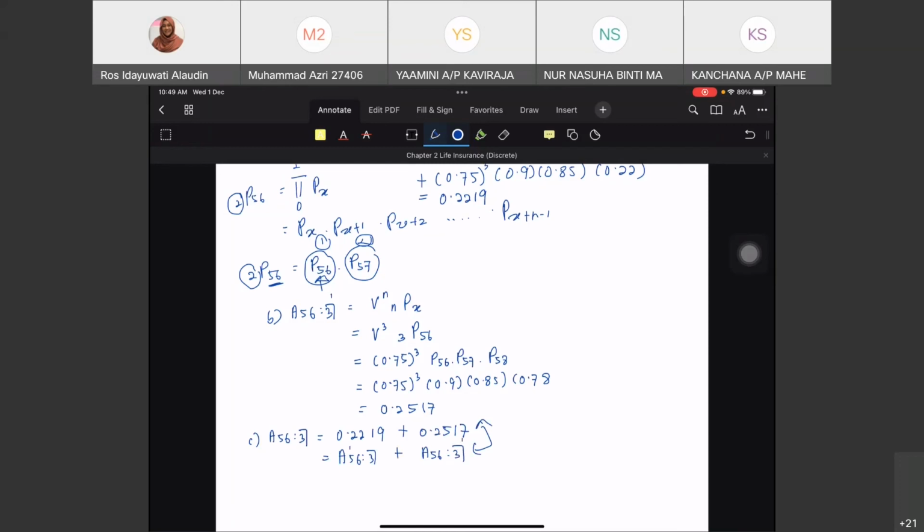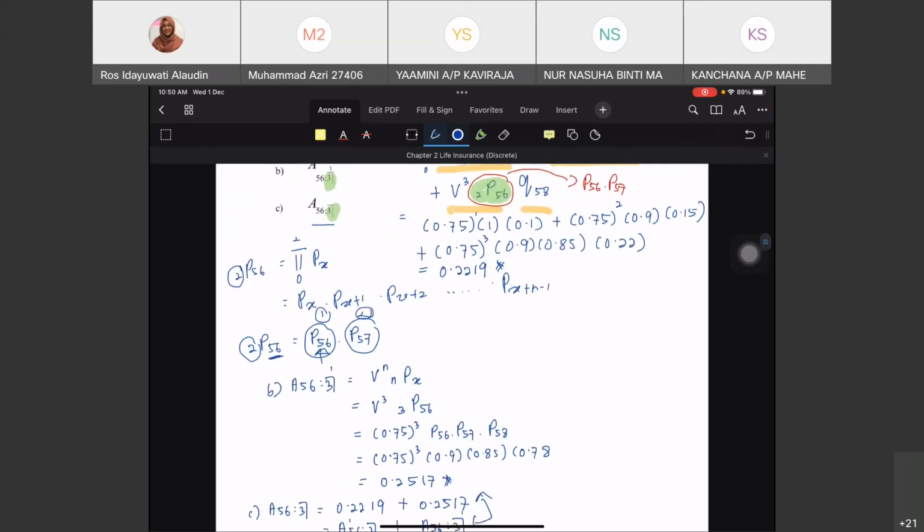Supposedly I should put the formula first, and the answer is 0.4736. Okay, that is the case if we don't refer to the life table and we have to find the summation by hand.